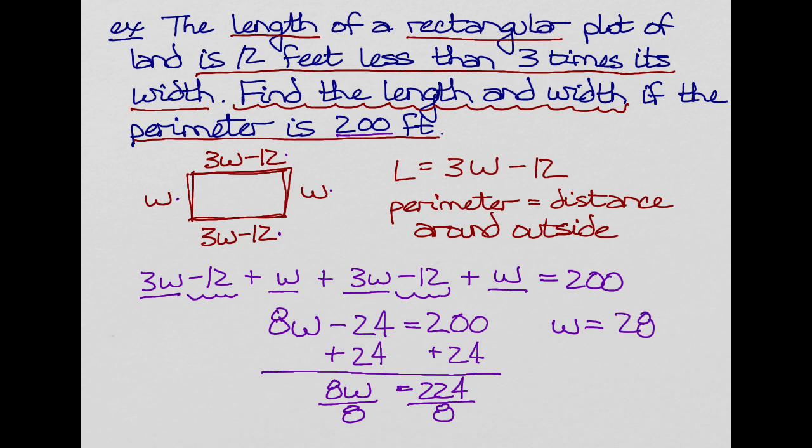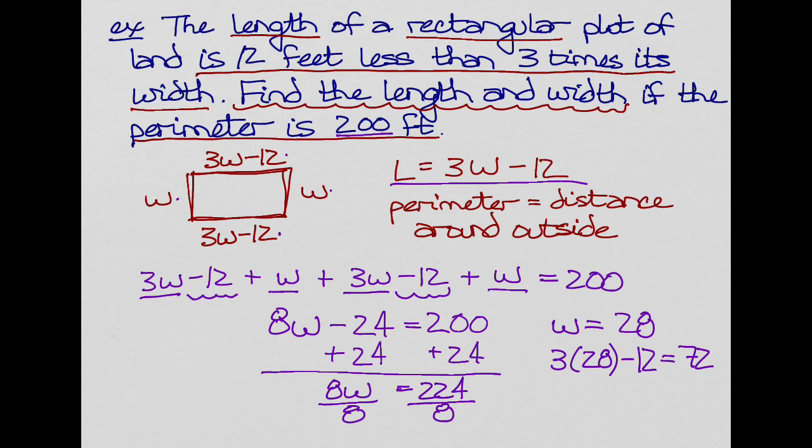I need both the length and the width. There's the width. The length is 3 times w, which I know now. That's 72. I knew there was a 72 coming sometime.